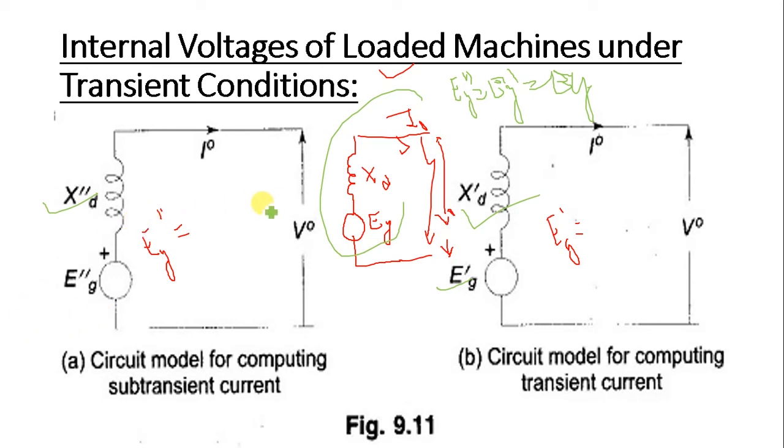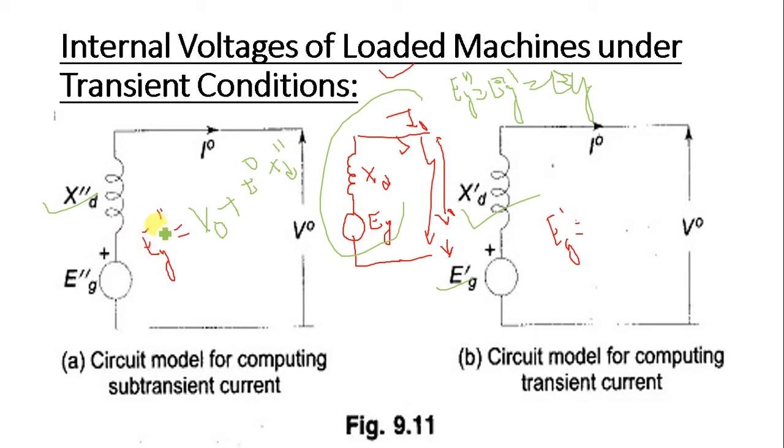Let us first talk about Eg double dash. It can be written as your terminal voltage V naught plus I naught, the current, times Xd double dash, the reactance.